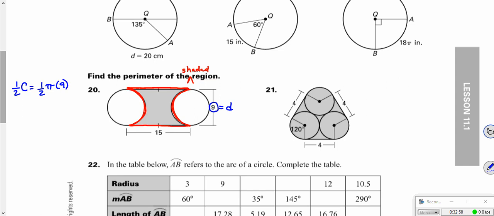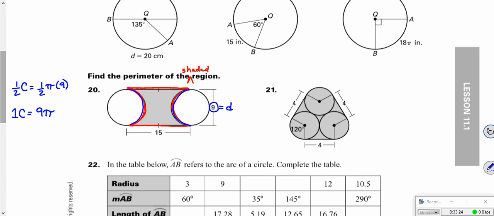But I've now got 2 of them, so essentially a half times 2 goes away. I have this half and this half, and they're the same size circle, so that's essentially like 1 circumference. So 1 circumference is just going to equal 9 pi.